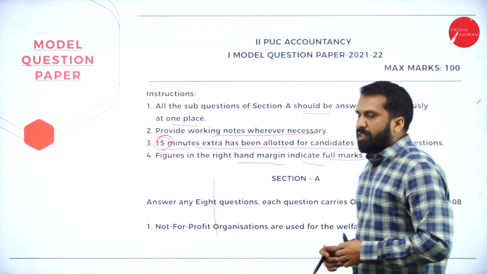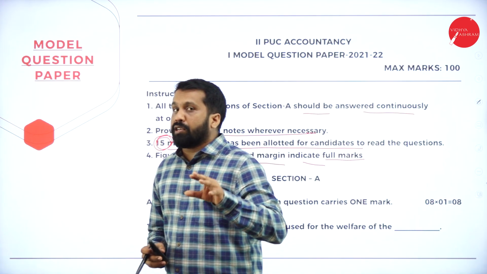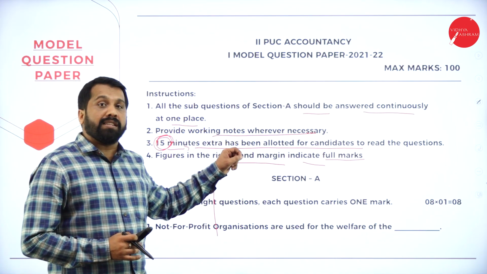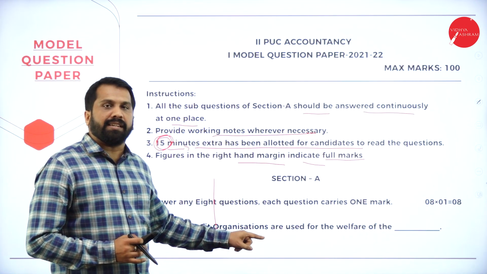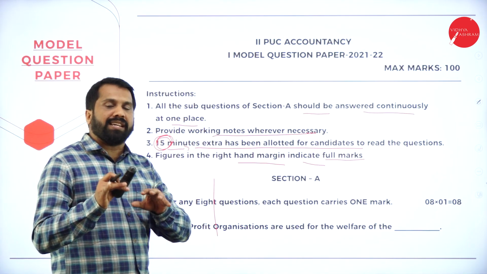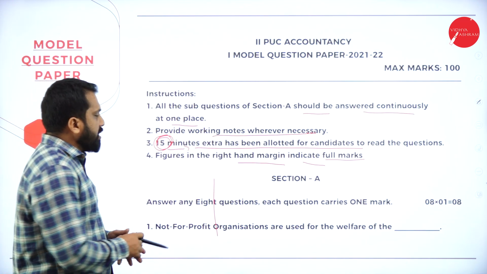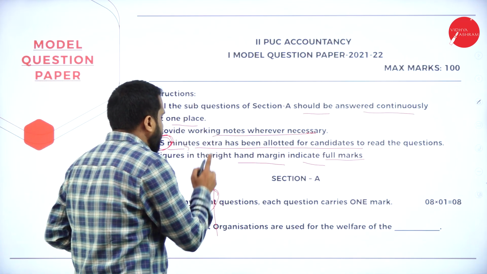Now, we'll just have a glance at your question paper. We'll not spend much time on this, because we are solving all of this. I'll just tell you what your question paper pattern is. Answer any 8 questions. Remember, only 8.